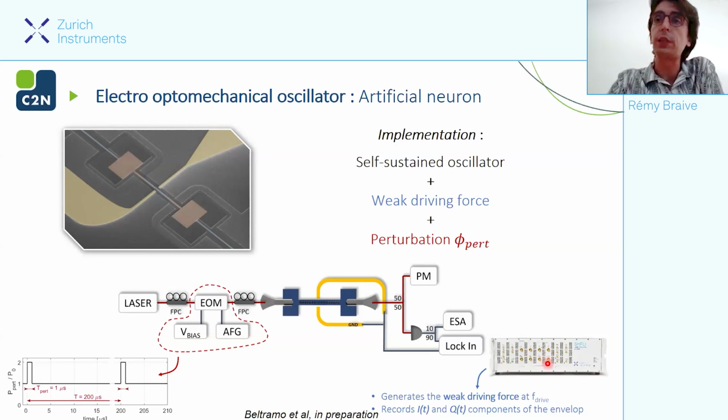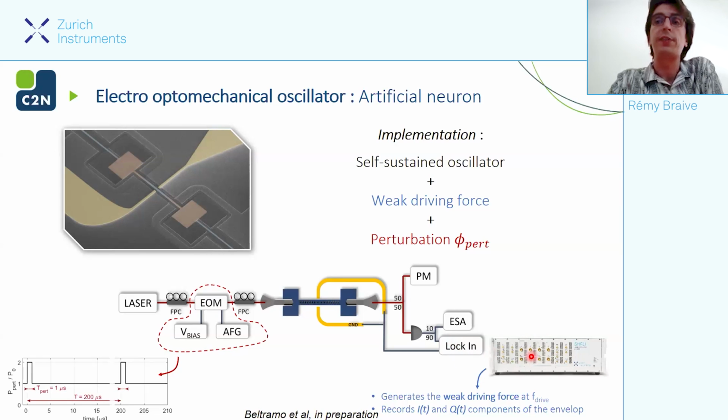And so what we do, with exactly the same system I have discussed before, is that we have a weak driving force that is going to come from the drive of the locking, which has to be close to the mechanical resonance, so close to this 3.3 gigahertz.